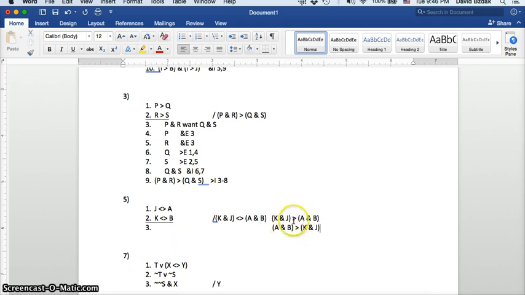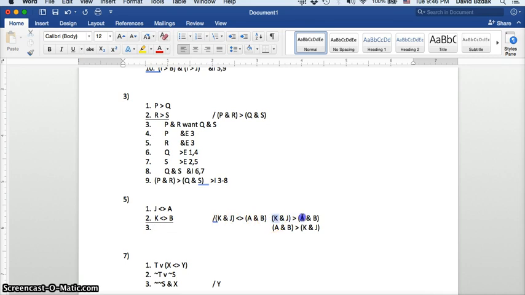These two conditionals allow you, by the biconditional introduction rule, to get this biconditional. And notice what they are. The one has this as the antecedent and this as the consequent, and then the other one is just reversed. The consequent here is now the antecedent here, the antecedent here is now the consequent here. So we need to derive these two conditionals, and then we can put them together with the biconditional introduction rule to get our conclusion. All right.